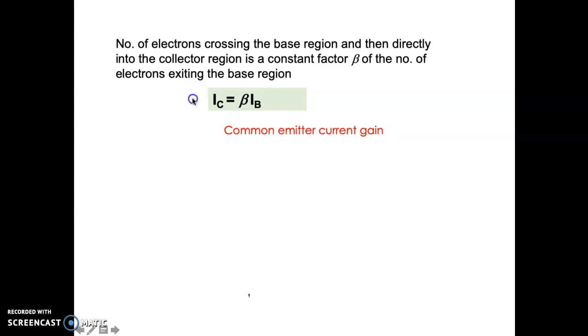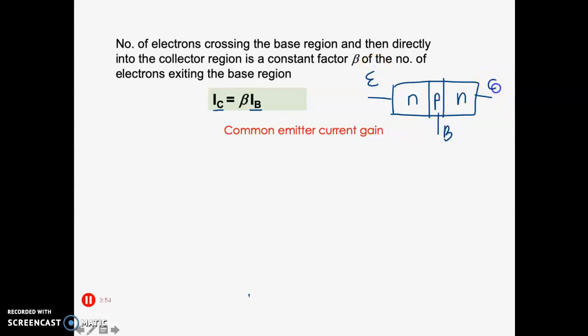Now let's go to the third equation, which is the relation between IC and IB. Take note again, for the physics of your semiconductor, here is N, P is lightly doped, N is highly doped. Here is your emitter, here is your base, and here is your collector. Most of the electrons will move forward from the emitter towards your collector. Only 2% will go down to your base, and 98% will move towards your collector.